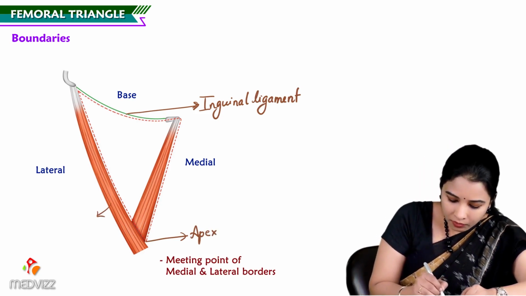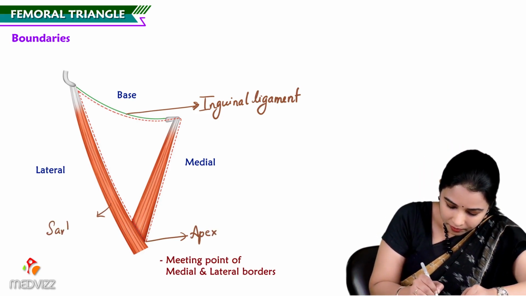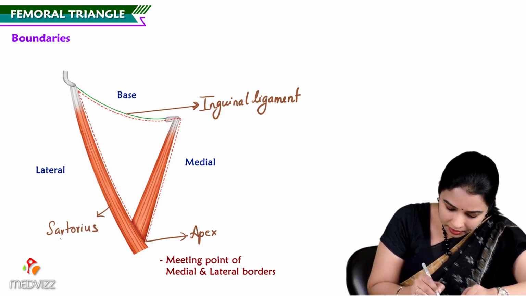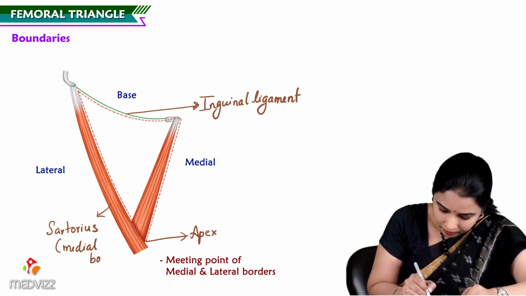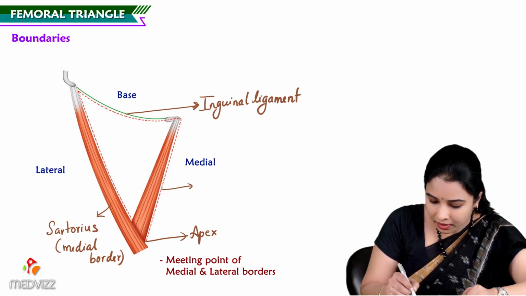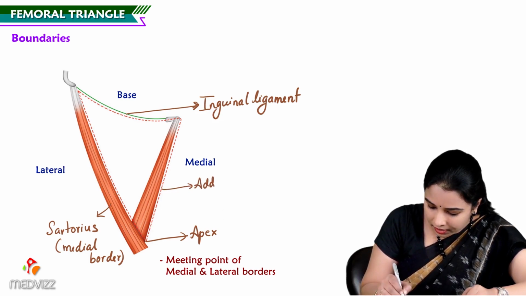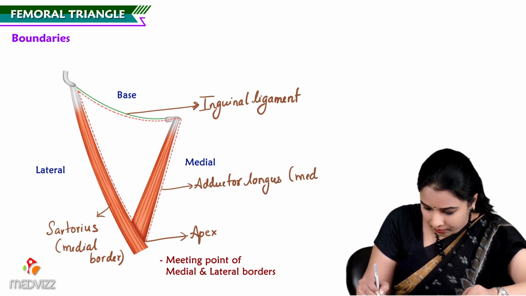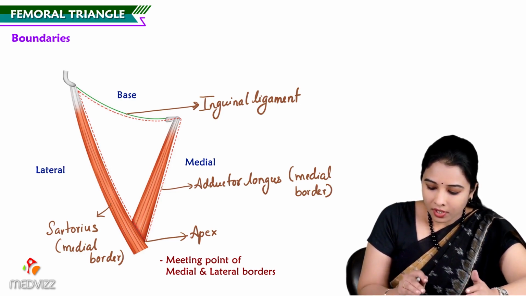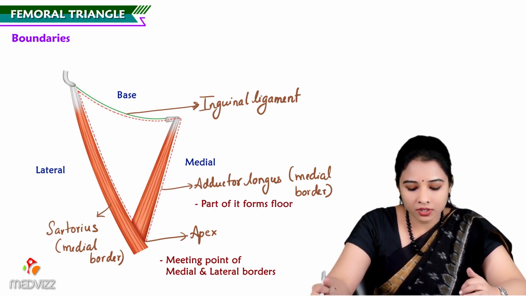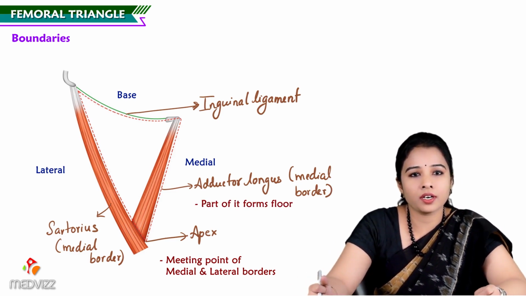The lateral boundary is formed by the sartorius, to be specific, the medial border of the sartorius. And medially, the medial border of adductor longus. So part of the adductor longus forms the floor of the femoral triangle. So these are the boundaries of the femoral triangle.